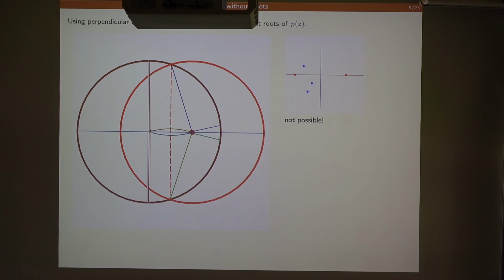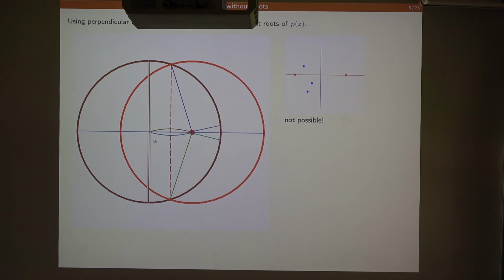And the same reasoning said you have no root first on the line segment between Z1 and the origin. Okay? It's okay?